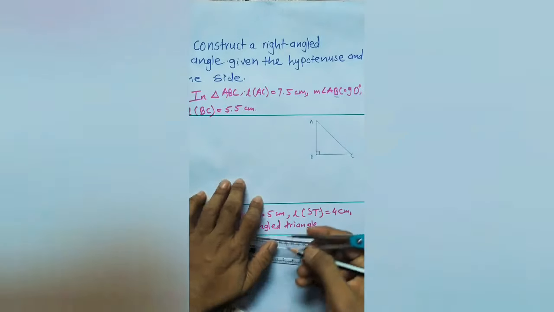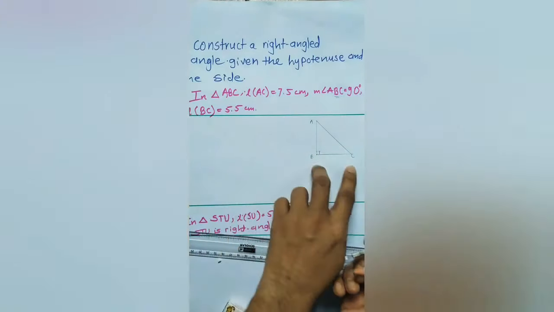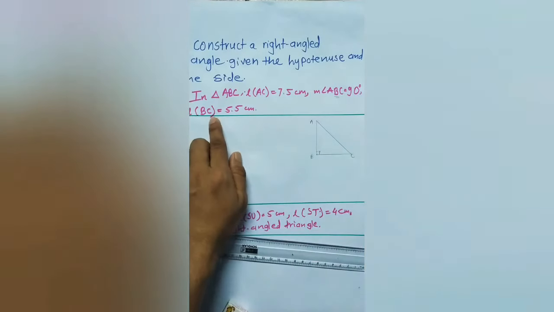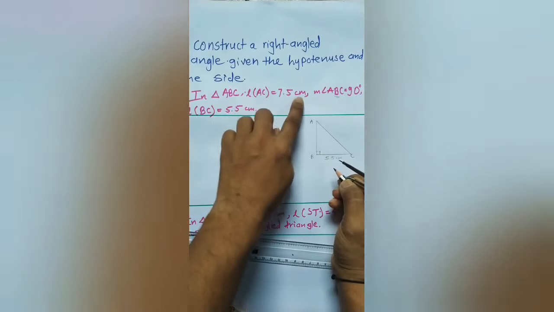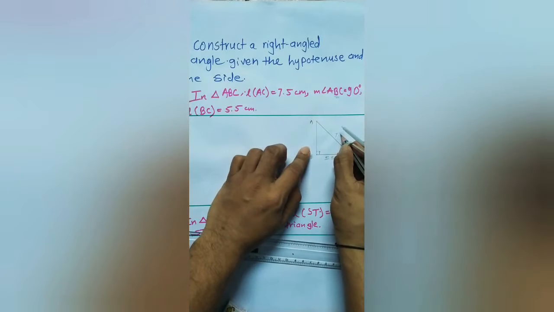Now B is 90 degree. So what is the base? Here the base is BC. So BC is given to you, that is 5.5 centimeter, and AC is given as 7.5 centimeter.